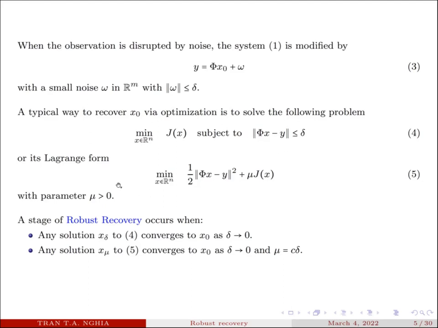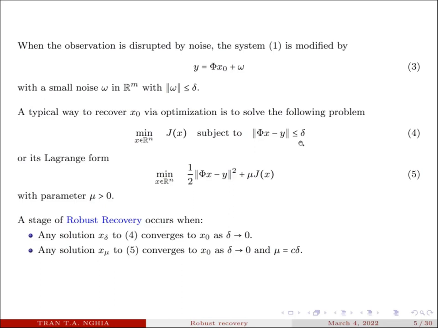For example, they can use a Lagrange multiplier in this way with the least squares function right here. Somehow those two problems are equivalent. It depends on the parameter mu right here. It's not always equivalent, but for some particular mu they are equivalent. But you can see that the problem right here is easier than the previous problem.